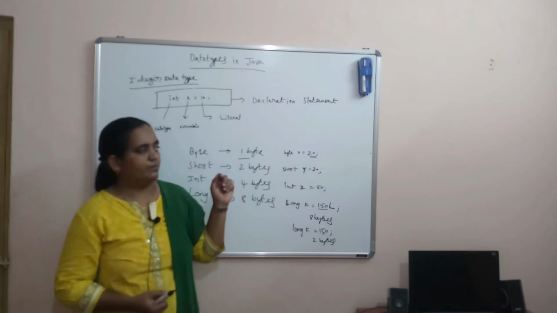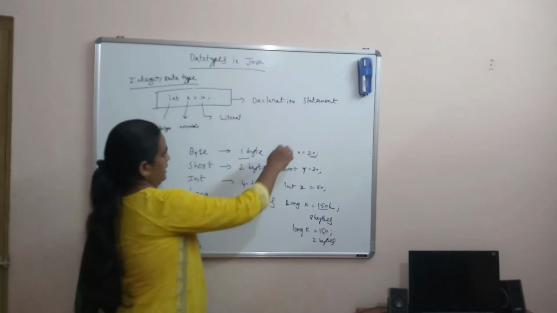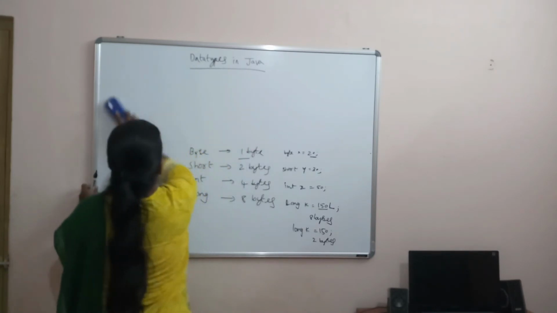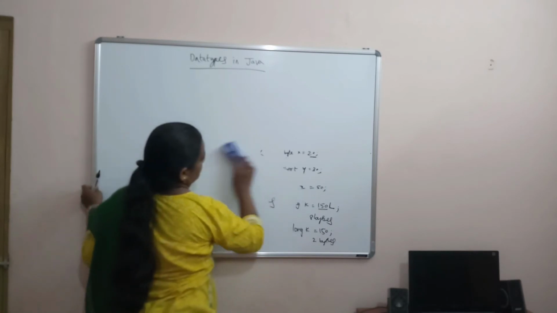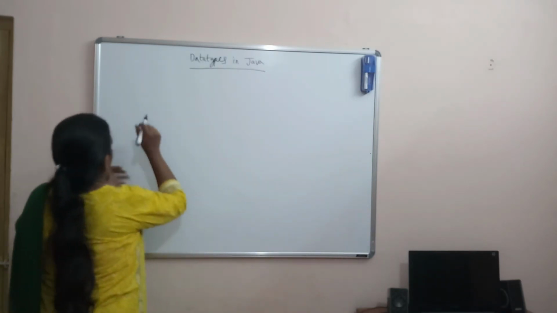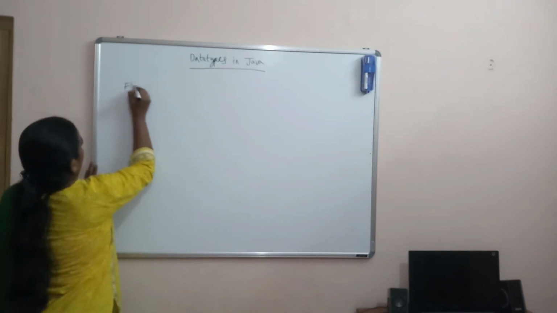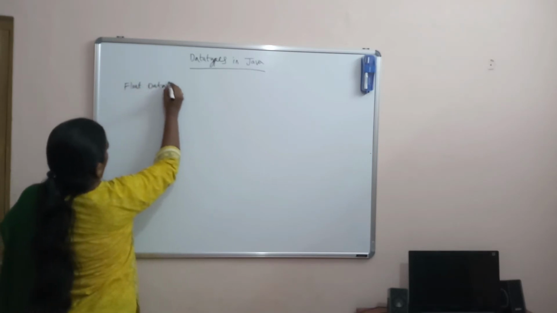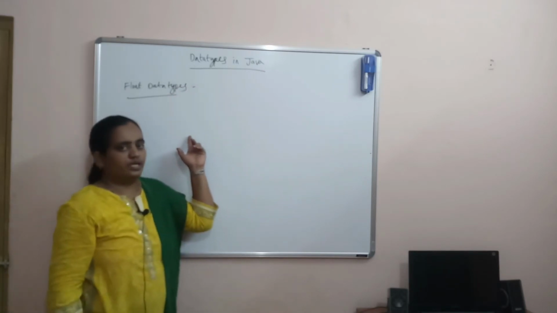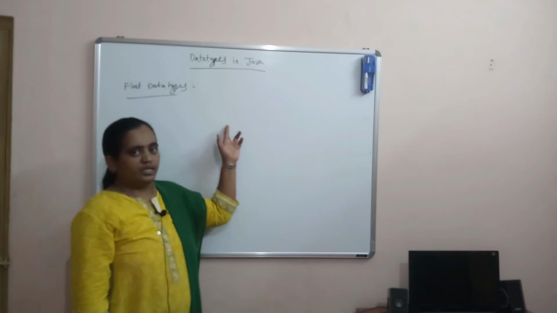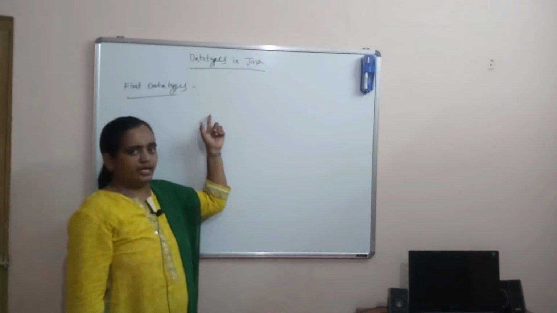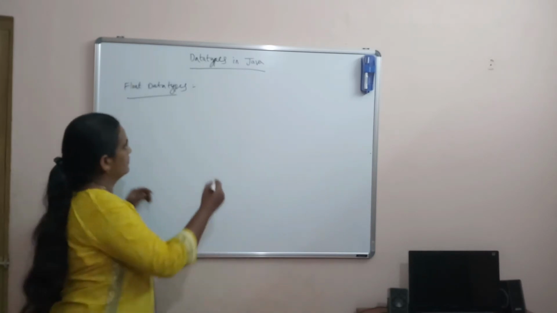That data type will be float data type. What is the need of float data type? I would like to store decimal point numbers into variables, and that variable can be used in our program, so that's why I go for float data type.